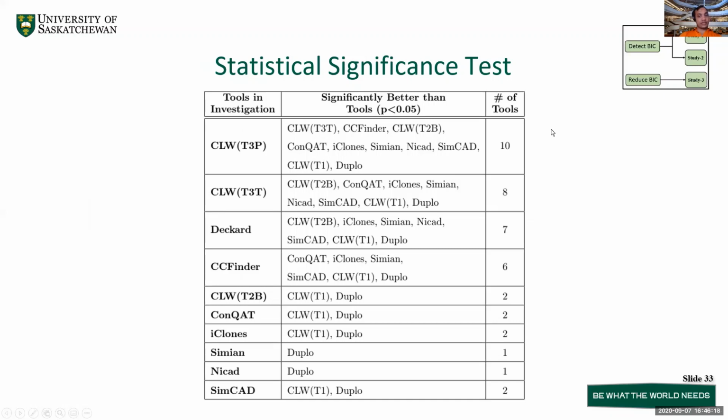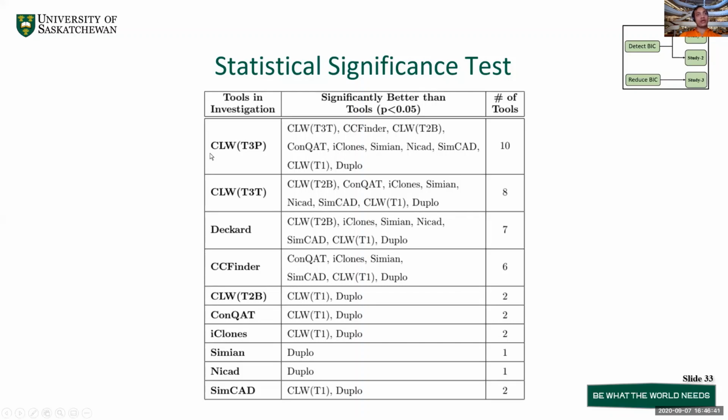Here is the result of the significance test on the screen, where the result of each clone detection tool is tested against all 11 other clone detection tool implementations. For example, 12 clone detection tools have been applied in this investigation.